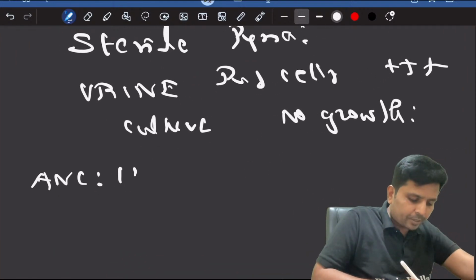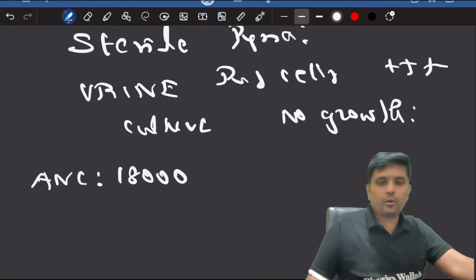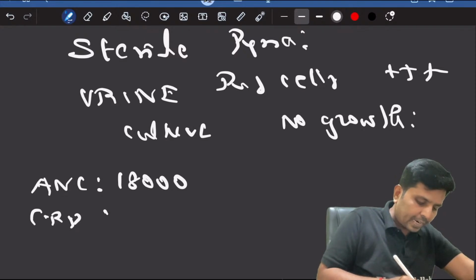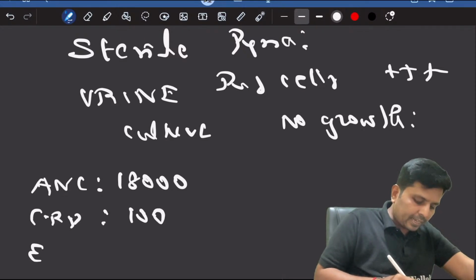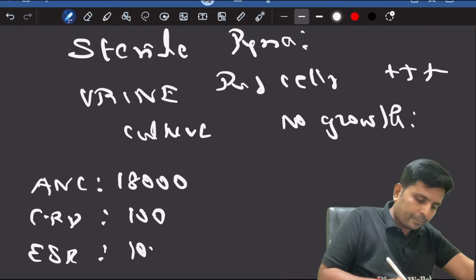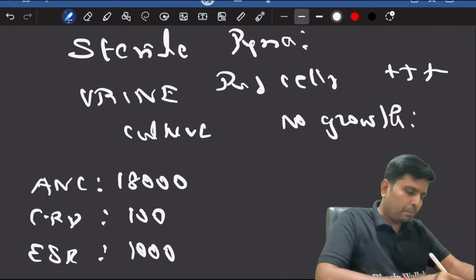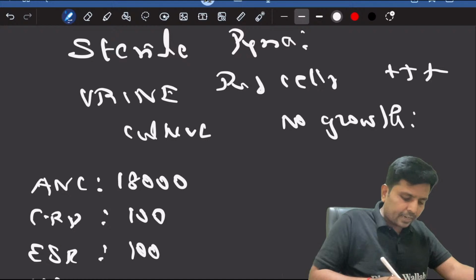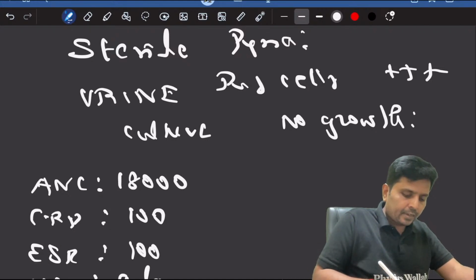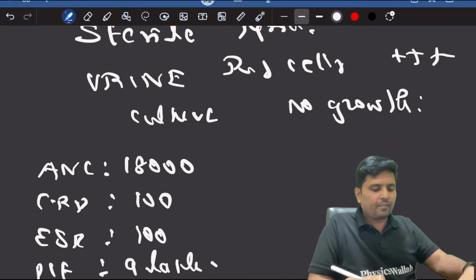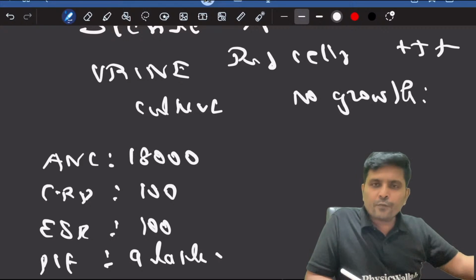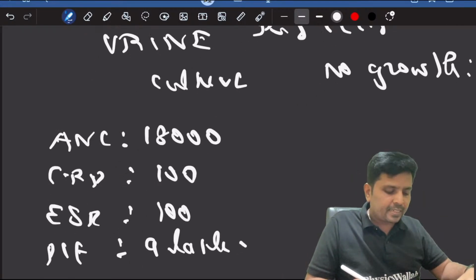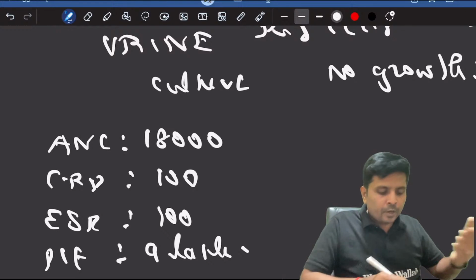Apart from that, this case had an absolute neutrophil count of how much? 18,000, 90 percent. Absolute neutrophil count of 18,000, a CRP of 100, and ESR of 100, along with platelet, how much? Along with platelet 9 lakh. This constellation of findings: neutrophilia, acute inflammatory proteins like ESR and CRP elevated.